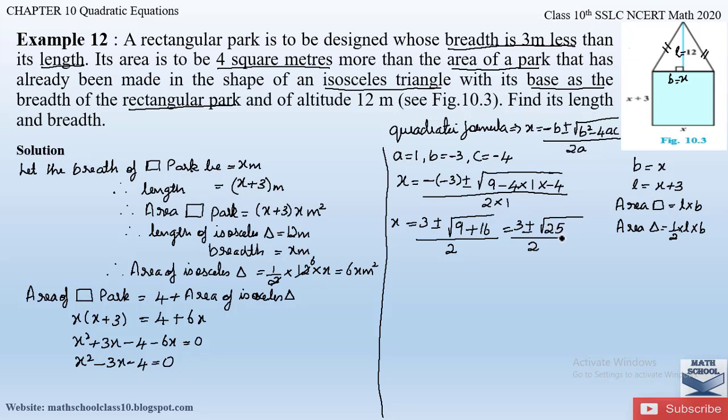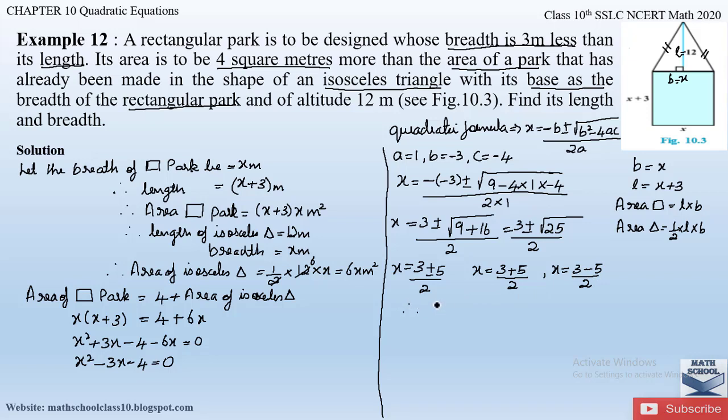Now what is square root of 25? 5 into 5 is 25. Therefore we will get 3 plus or minus 5 divided by 2. So once we are going to take plus value, and then we are going to take minus value. Therefore x is equal to 3 plus 5 divided by 2 forms one root, and the second root is x is equal to 3 minus 5 divided by 2.